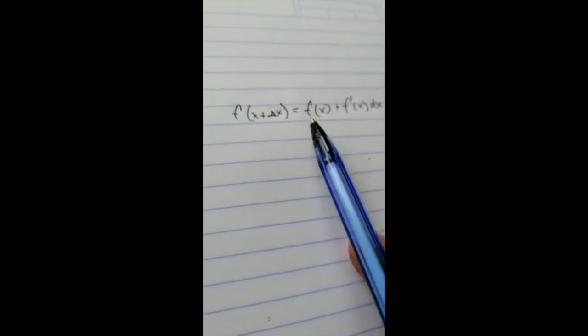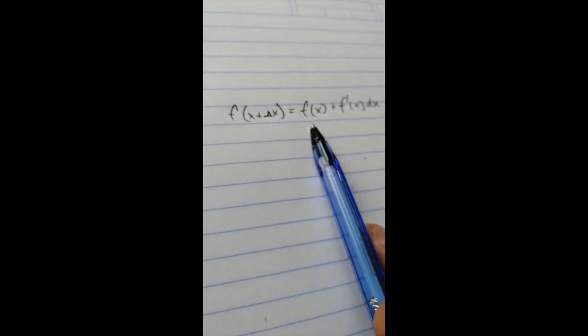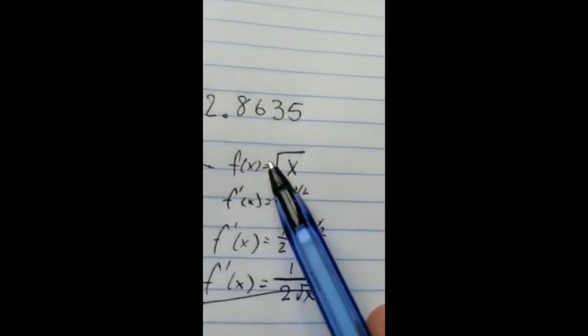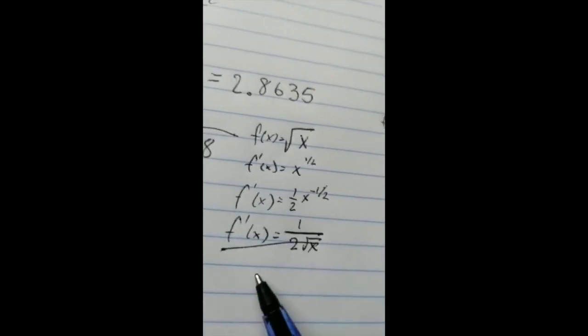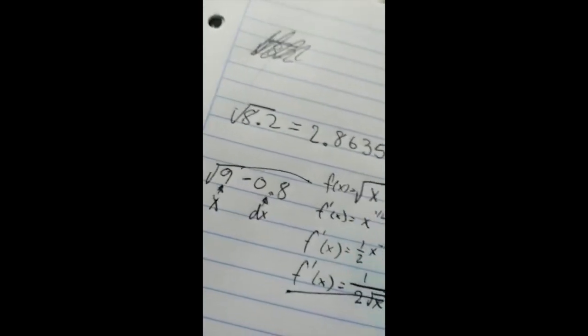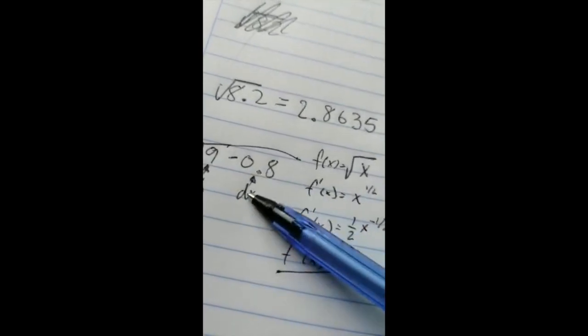Using this we can find our final value, because we know the value of f of x, which we determined was going to be the square root of x, plus f prime of x, which we found also, and dx, which we also determined in one of the first steps.